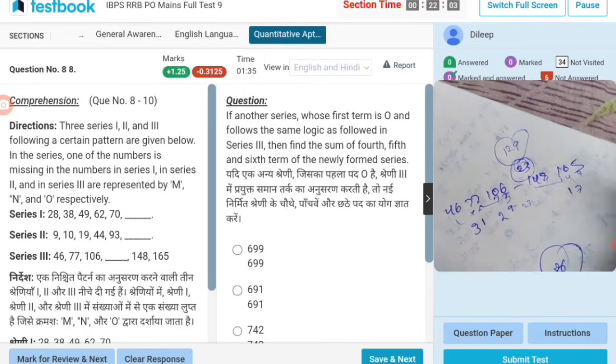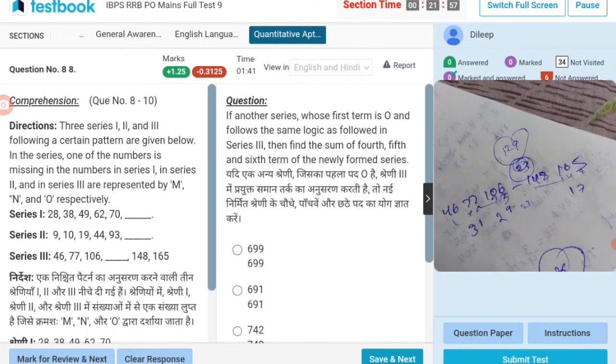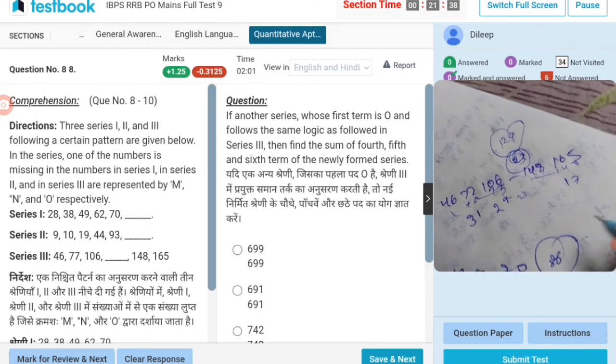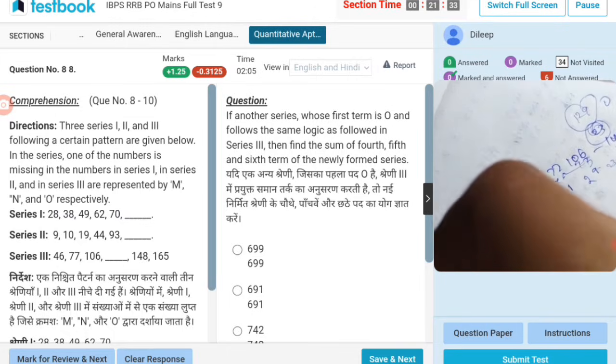Next. So minus 1 plus 2 minus 4. So another series whose first term is O, M, N, O, that is 129.